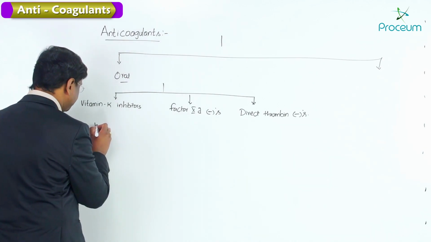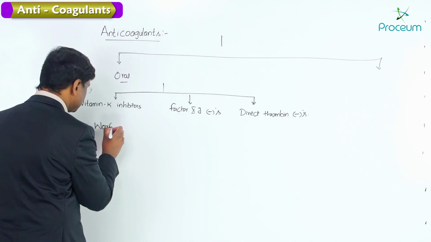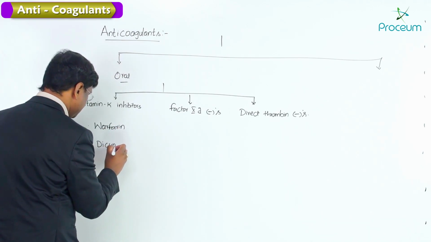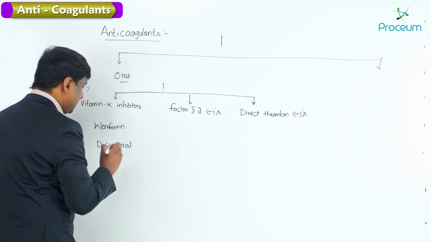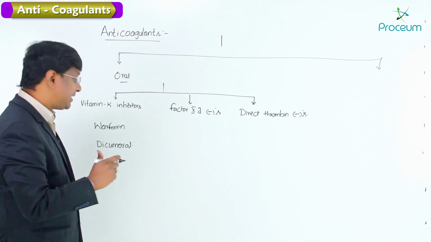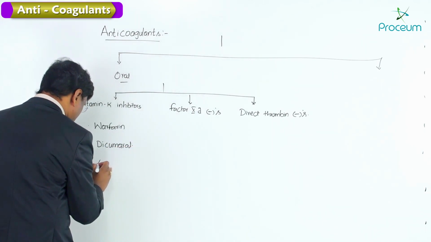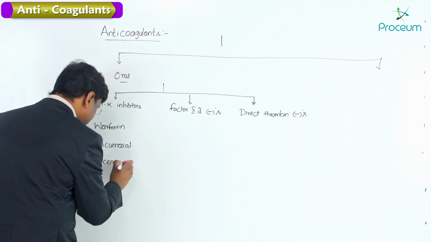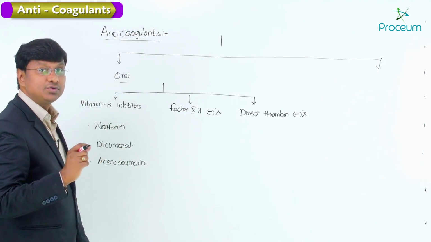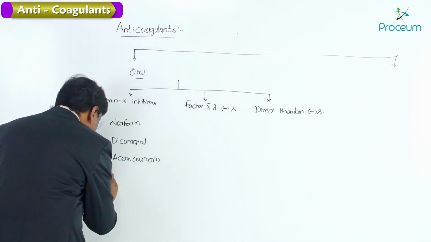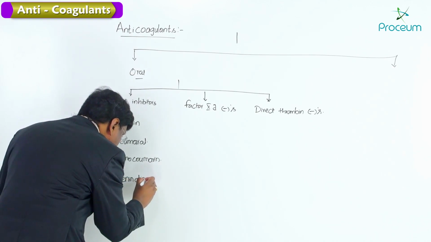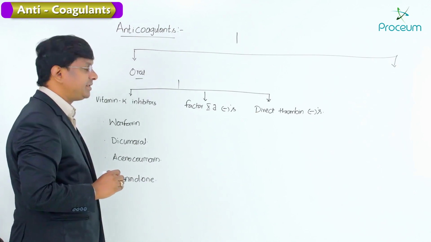So we have warfarin, then dicumarol, then acenocoumarol, next we have phenindione. So these are the vitamin K inhibitors.